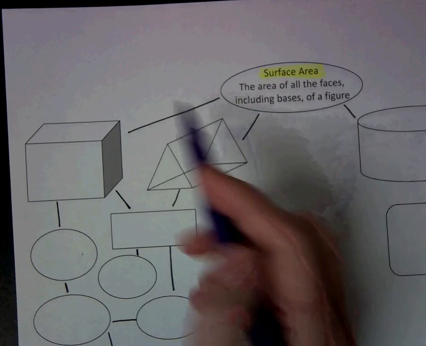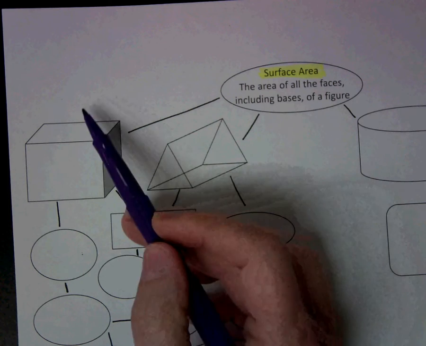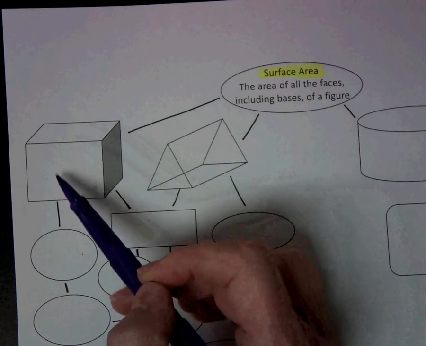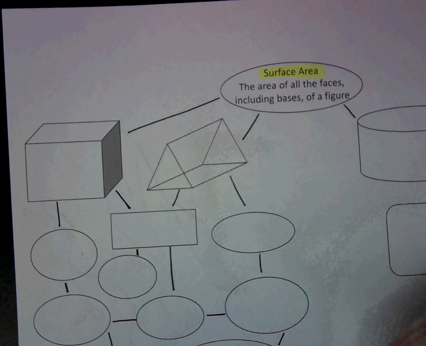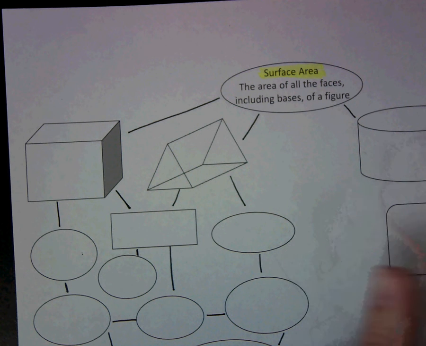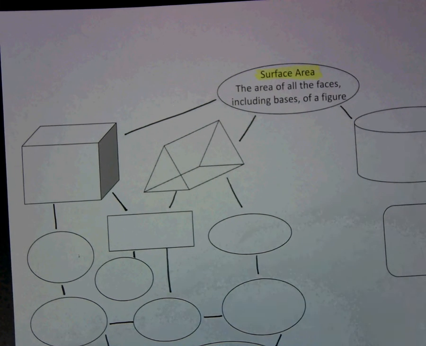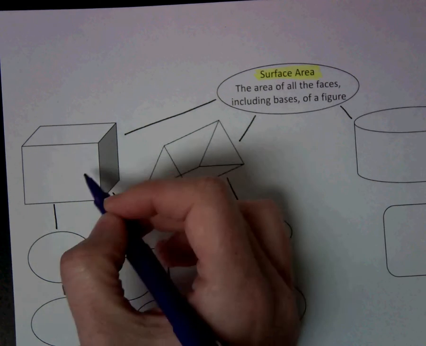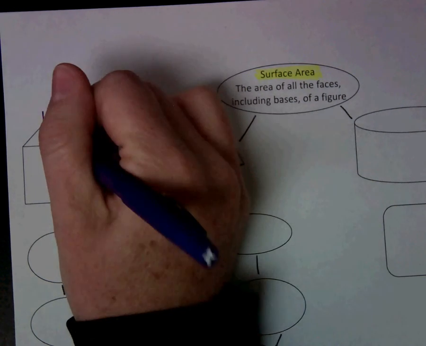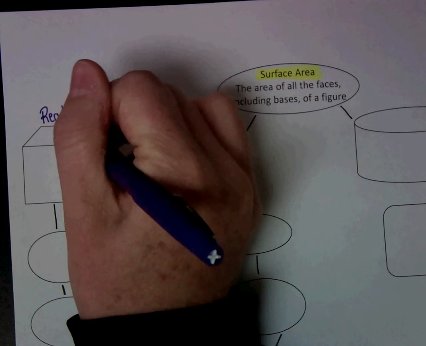So when we look at this shape right here, we're talking about the area of every single face added all together. Now the first thing I want to make sure of is that we can name our shapes. This right here is a rectangular prism.